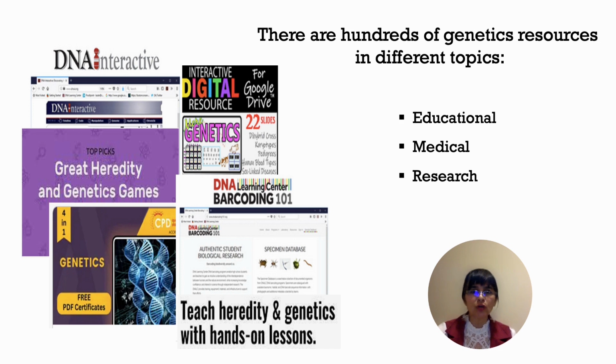Therefore, we are not sure if the material is appropriate for the level of study required in the undergraduate genetics class, and if there is an understanding of the material available on the internet.